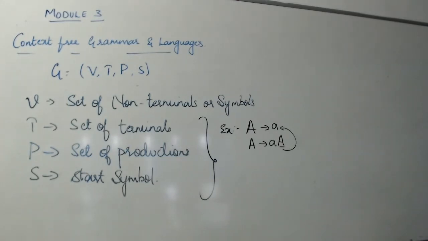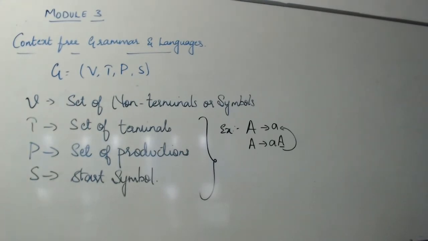In every context-free grammar, you need to observe a few key points before solving context-free grammar problems. In any context-free grammar, all the productions are of the form A tends to alpha, where alpha belongs to (V union T) whole star, and A is a non-terminal.